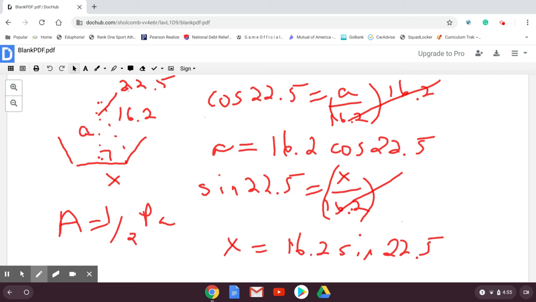And then let's multiply that whole number by the apothem calculation of 16.2 cosine of 22.5. Hit enter again, and you should get approximately 742.29. In this particular problem, I can't remember if it was centimeters or inches.